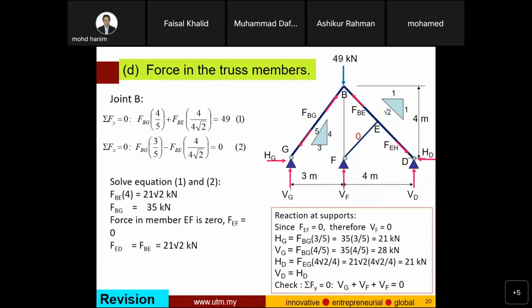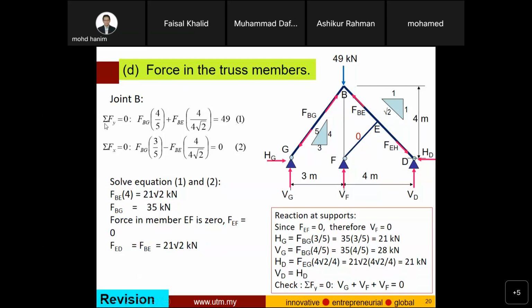But if it is 3, not okay. Here there are 3: 1, 2, 3. Here 1, 2, but we have horizontal here. 1, 2, 3. So you can choose B to start the analysis.